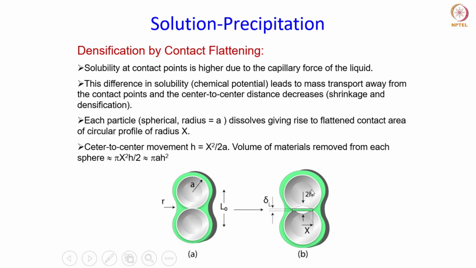And this center to center movement, or the extent of movement h, is given by the radius of the contact area and the radius of the particle through this particular equation. Okay. And then we talked about the rate of material removal dV dt, and we have seen it basically depends on the diffusivity, the thickness of the boundary layer or the thickness of the liquid bridge delta L, and of course the concentration, right?